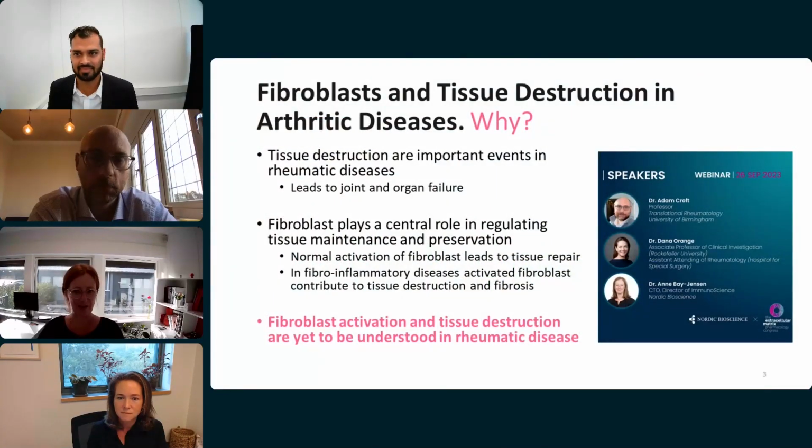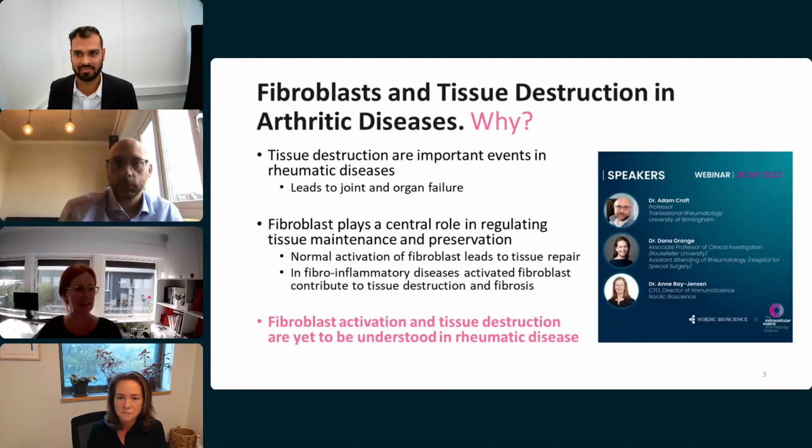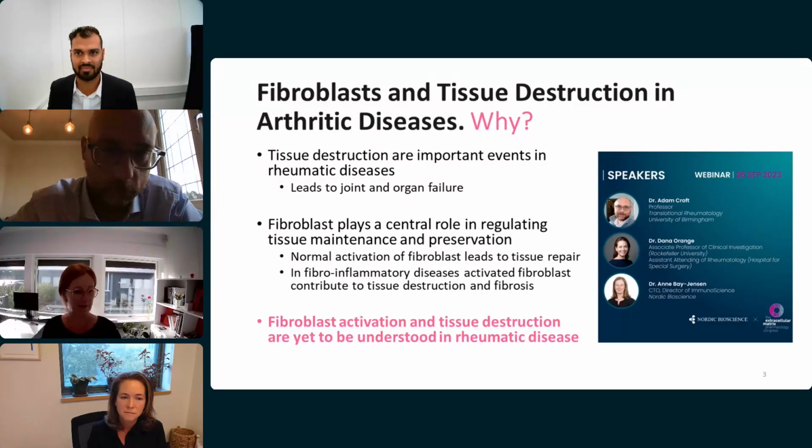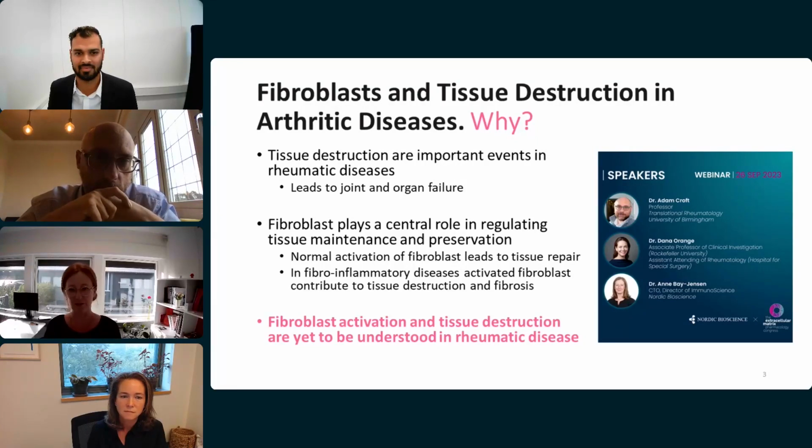So why talk about fibroblasts and tissue destruction in arthritic diseases? Fibroblasts are cells that produce collagen, elastin, and other proteins that make up the connective tissue in the body. Connective tissue is responsible for protecting, for example, the joints. Without healthy connective tissue, joints will deteriorate.